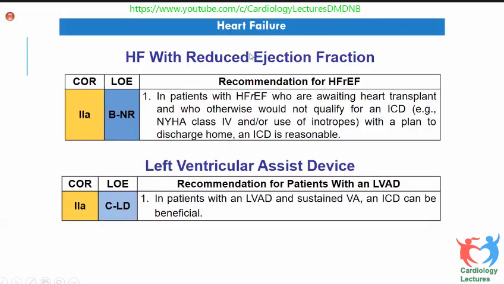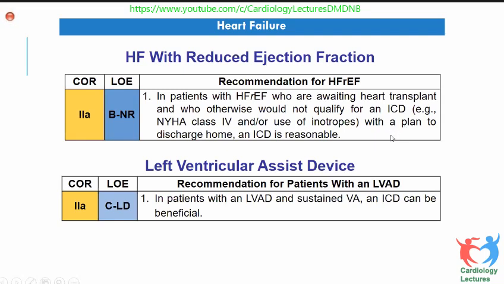And this actually I'm going to talk about, probably associated with the heart failure section. They look into patients with reduced ejection fraction heart failure, again similarly waiting for heart transplant, who otherwise would not qualify for ICD, such as class 4. Use of inotropic support, planned to discharge on ICD, is reasonable.